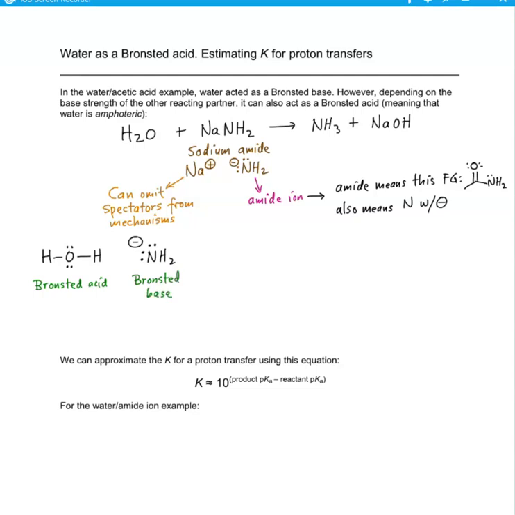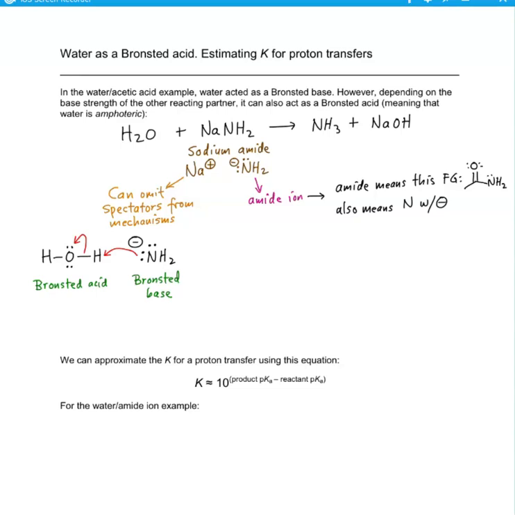So to draw the mechanism, just like before, we always start the arrow at the electron pair in the base that's going to be used to bond to the hydrogen. Start the arrow there, point to the hydrogen, and then the bond between that proton and the thing it's attached to, you're going to break toward that other thing. So in this HO bond, you would break the bond towards the oxygen.